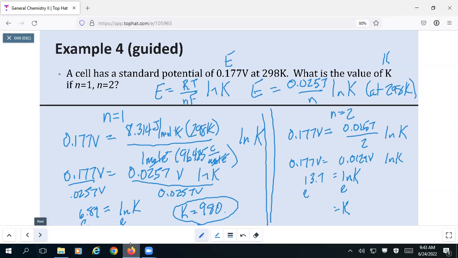Which to three significant figures would be 9.1 times 10 to the 5th. So it's even more product favored with that second electron moving now as well.